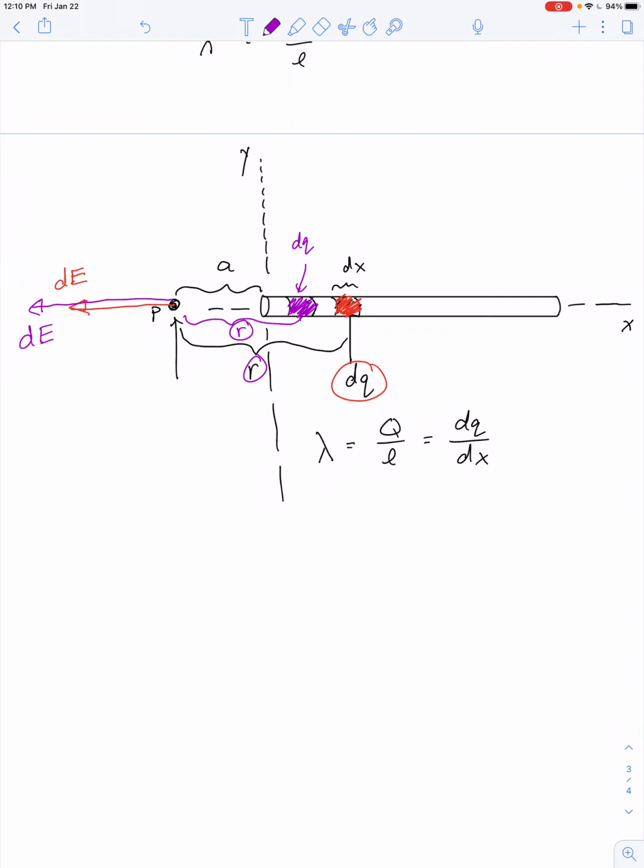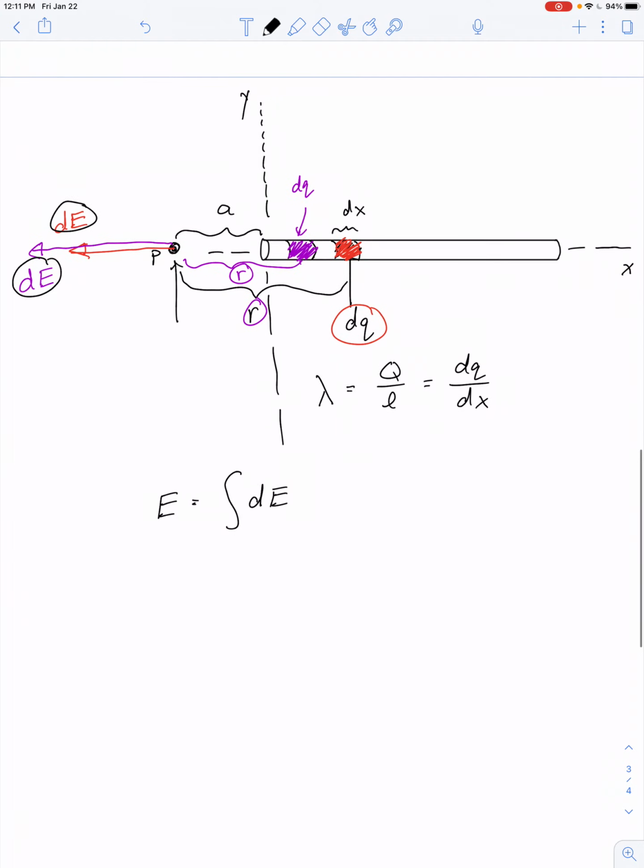So I would take all of these and add them up, and what I want to do is shrink the size of these slices down so small that they become infinitesimally small, and then the overall electric field is a sum, by the superposition principle, of all the contributions to the overall field. At this point, if we make the slices small enough, then we'd be integrating to add everything together.